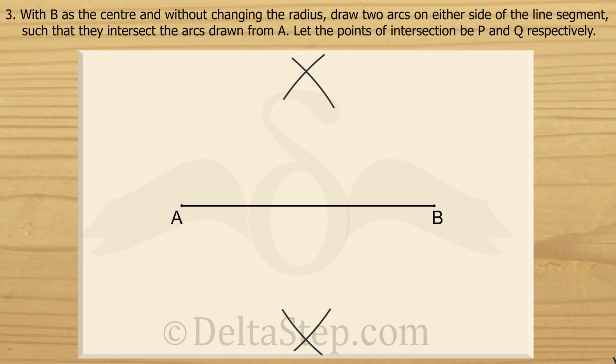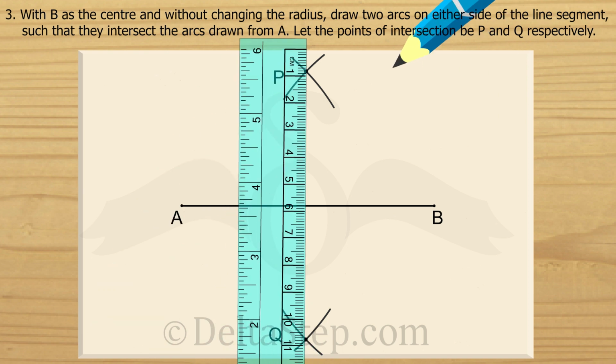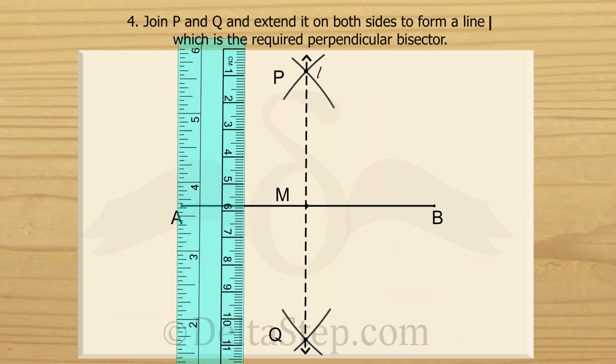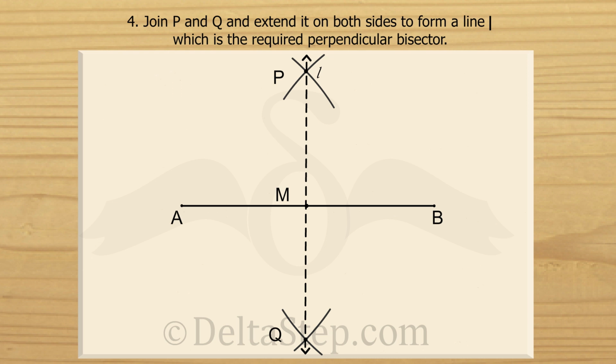These two arcs from B will intersect the previous arcs drawn. Let us name the points of intersections of these arcs as P and Q. Now join PQ. Extend it on both sides to form the line L.